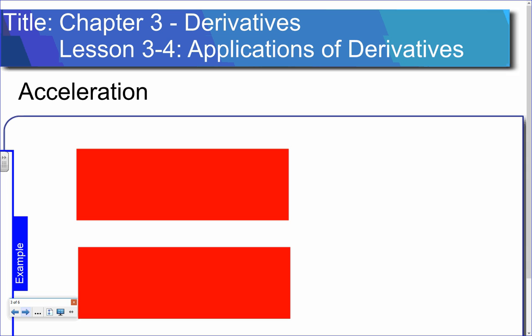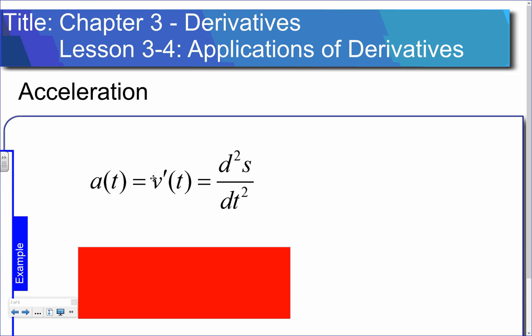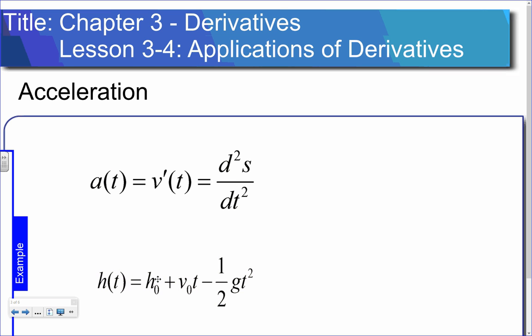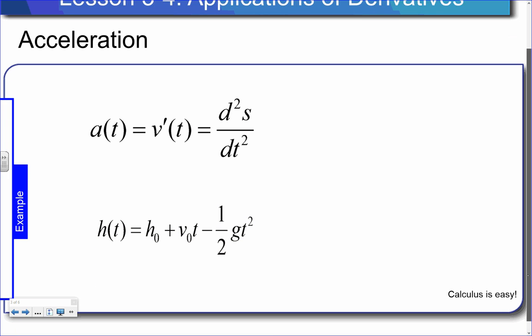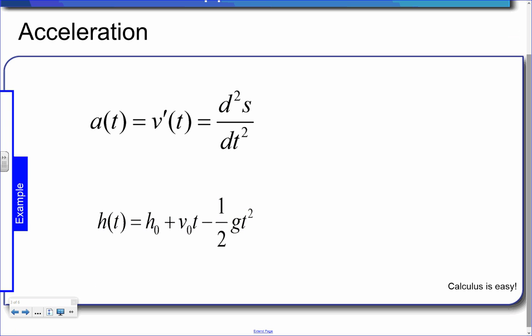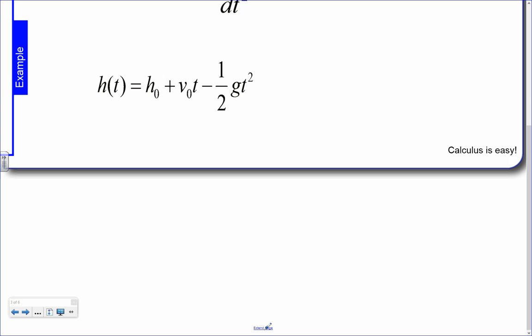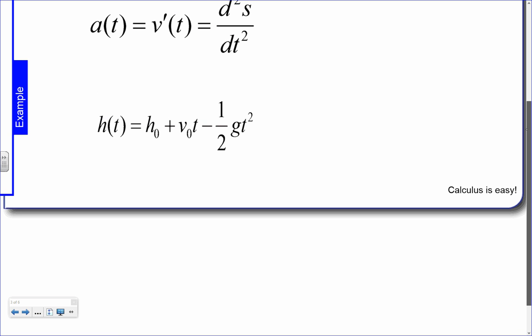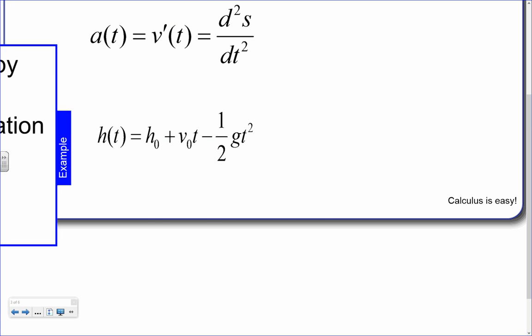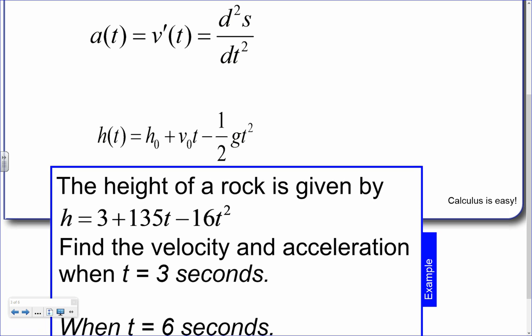And acceleration happens to be the derivative of the velocity function, or the second derivative of the position function. If we're given that h of t is the quadratic function h naught plus v naught t minus 1/2 g t squared, so it might take the form of this.